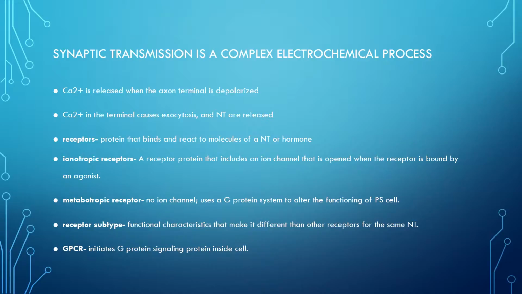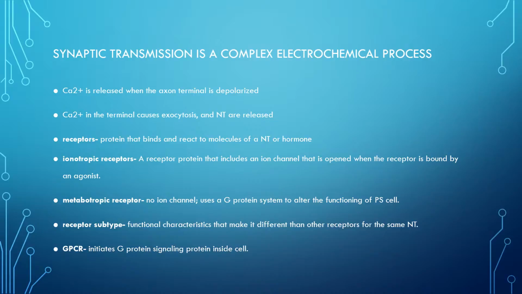Ionotropic receptors: a receptor protein that includes an ion channel that is open when the receptor is bound by an agonist. Metabotropic receptor: no ion channel, uses a G protein system that alters the function of the postsynaptic cell.